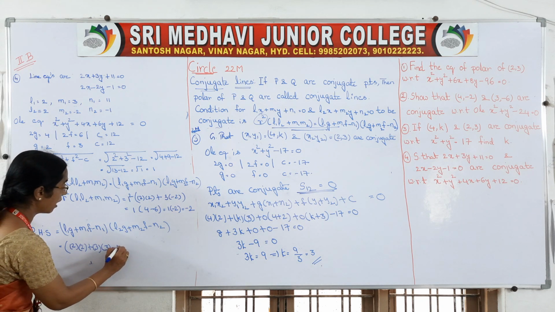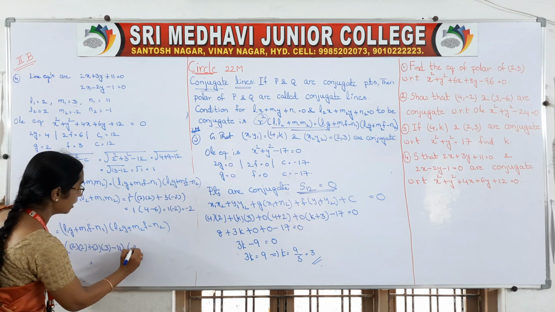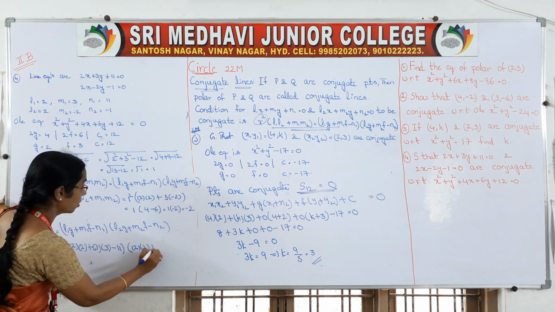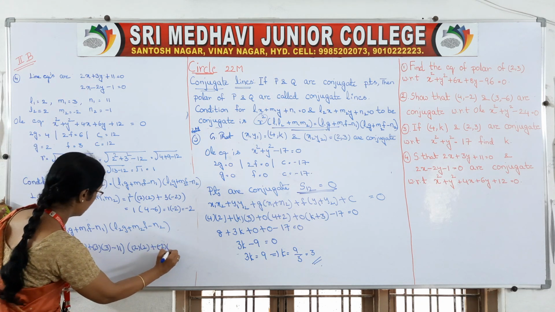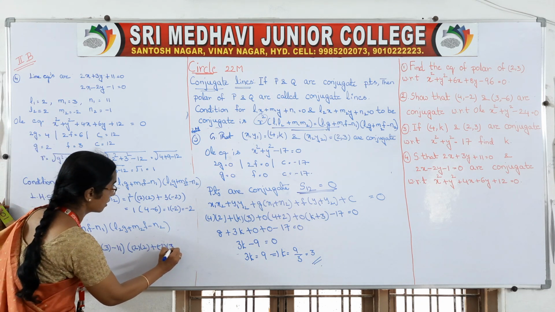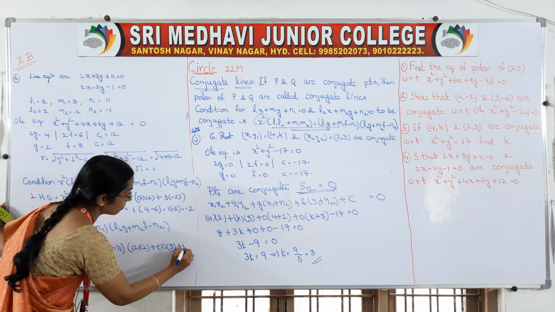It is 11, into L2 is 2 and g is 2, plus M2 is minus 2 into f is 3, minus N2, minus of minus, plus 1.